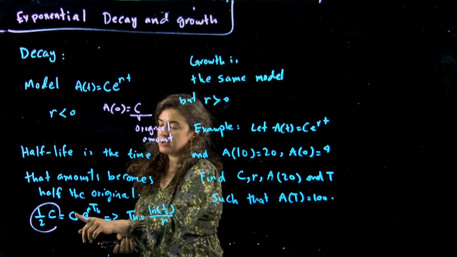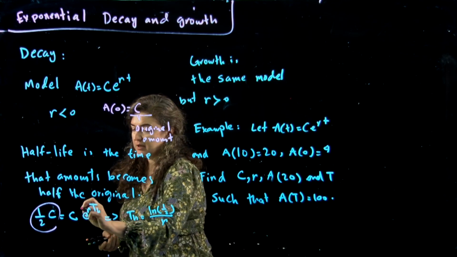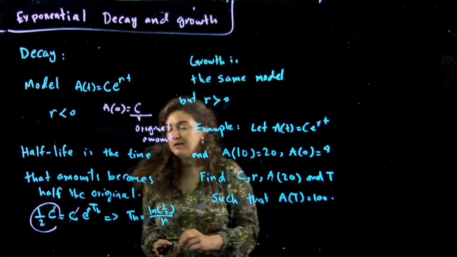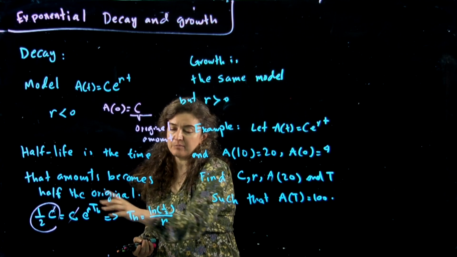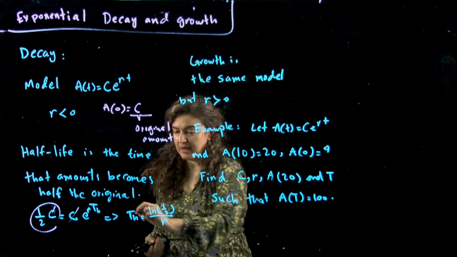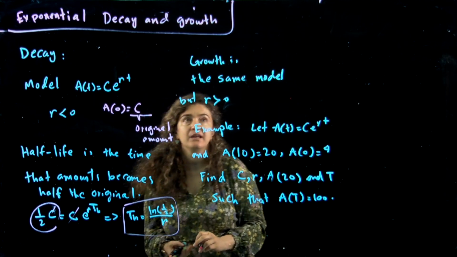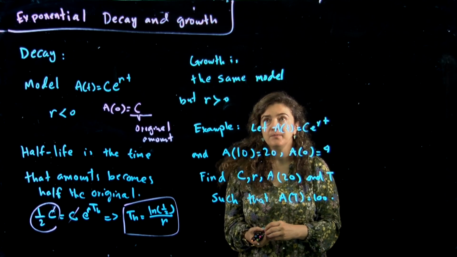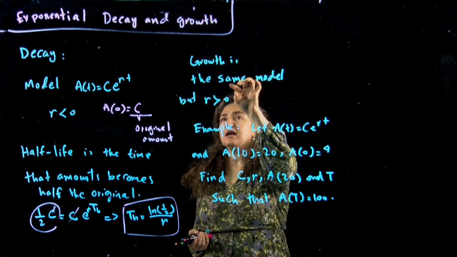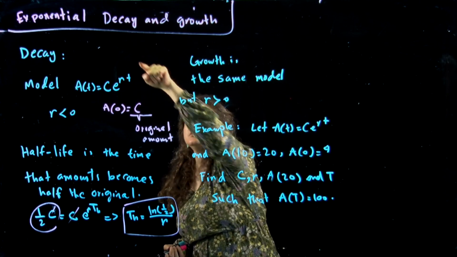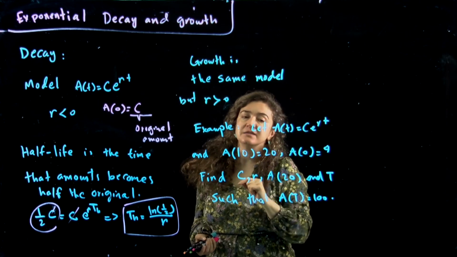Solving for t_h, first of all, we simplify the c, then take the ln of both sides, and we divide by r to get t_h equal to ln(1/2) divided by r.